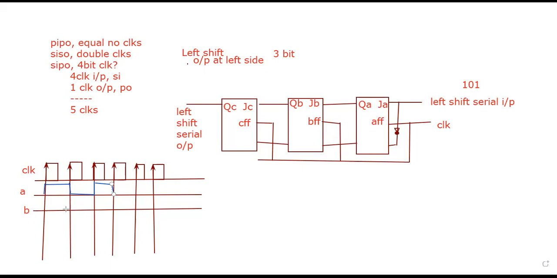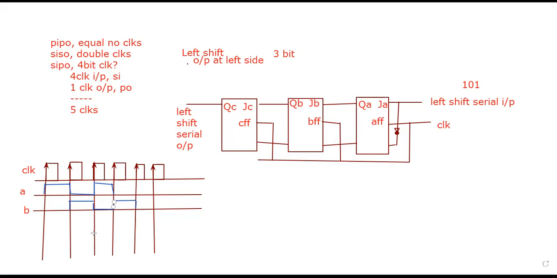Then at the B flip-flop, we have to copy this message. The first clock would be nothing for this B flip-flop because it won't have any input, but from the next clock it would be like this. We just simply draw the figure.